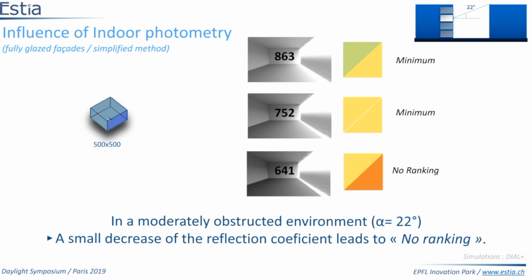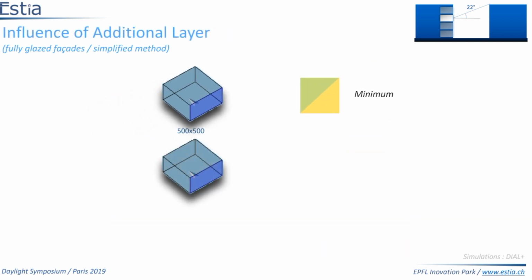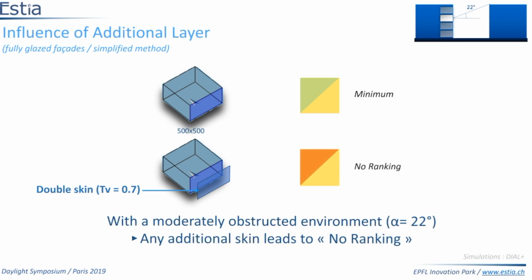In that case, I'm not at the upper floor, but just one floor below. And that's a good point for me: on this small room, if I add any additional layer, either a glazed facade or metal, then the probability to reach no ranking is very high.